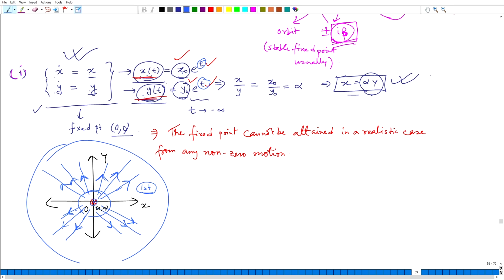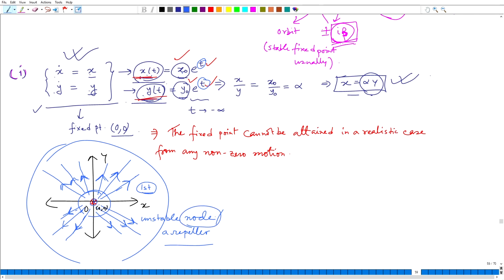So, this type of fixed point is known as an unstable node, and a repeller. Since it is repelling, it is called a repeller. Now, what is a node?